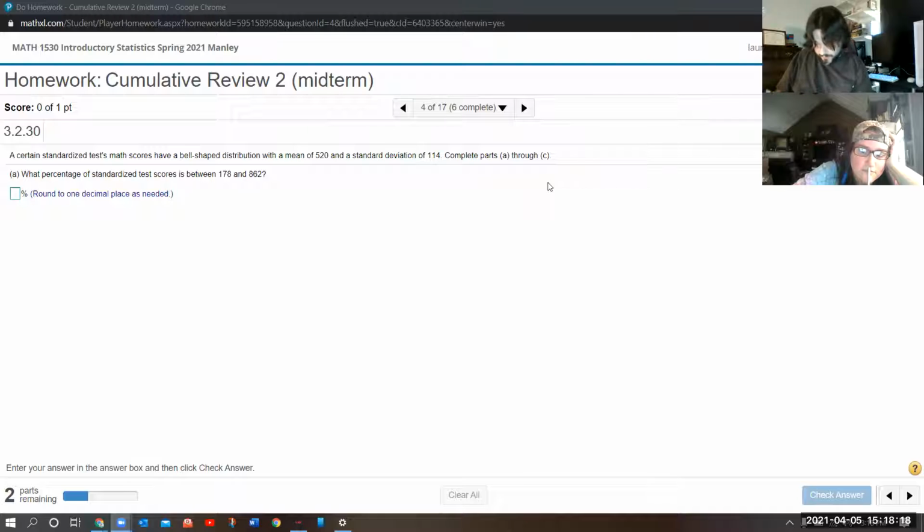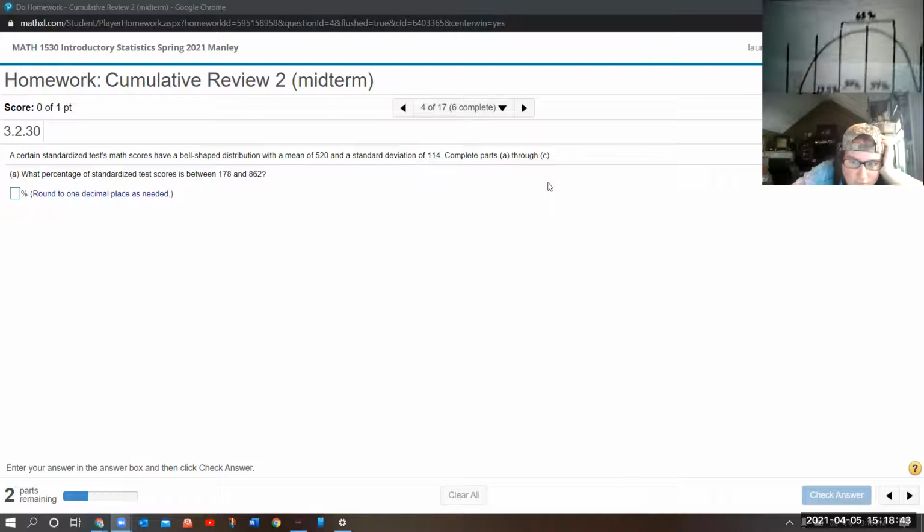Just as a kind of shortcut, 68% of all data lies within one standard deviation away from the mean. And that's what you would get if you added the two 34% on each side, right?